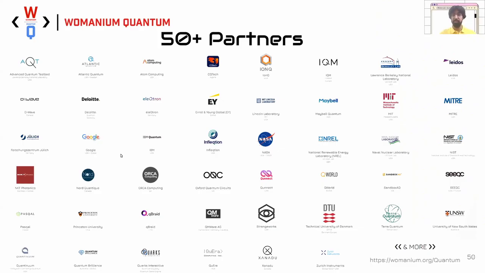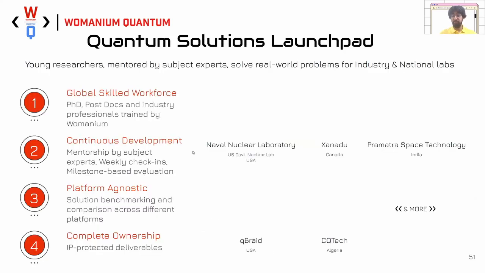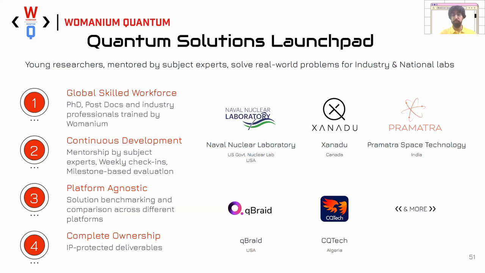Over here you can see some amazing partners who have been supporting the entire Womanium program for the past few years. This list has grown even beyond these 50 listed over here. Specifically regarding the project, Xanadu, from Ultra Space, CQ Tech, Qubit, they have all hosted projects with us. The projects have been huge successes.